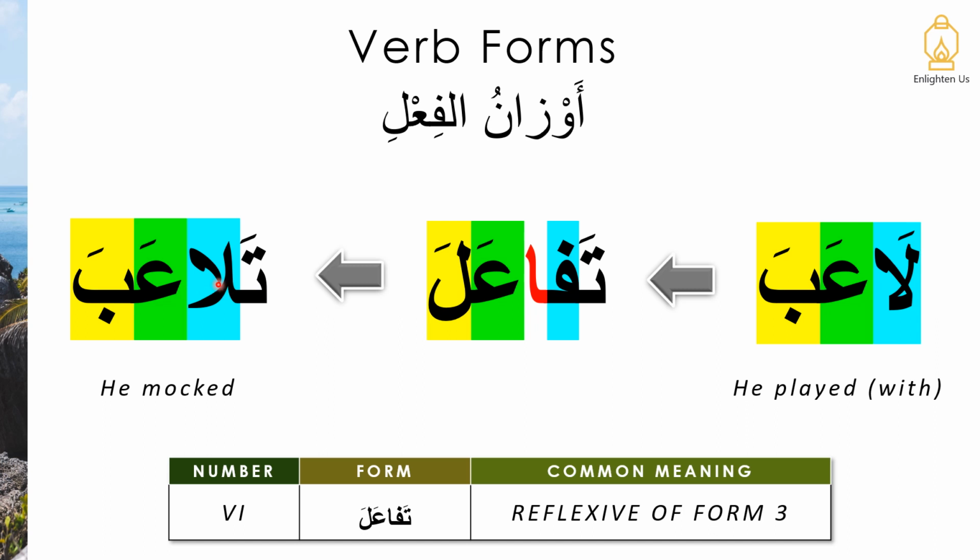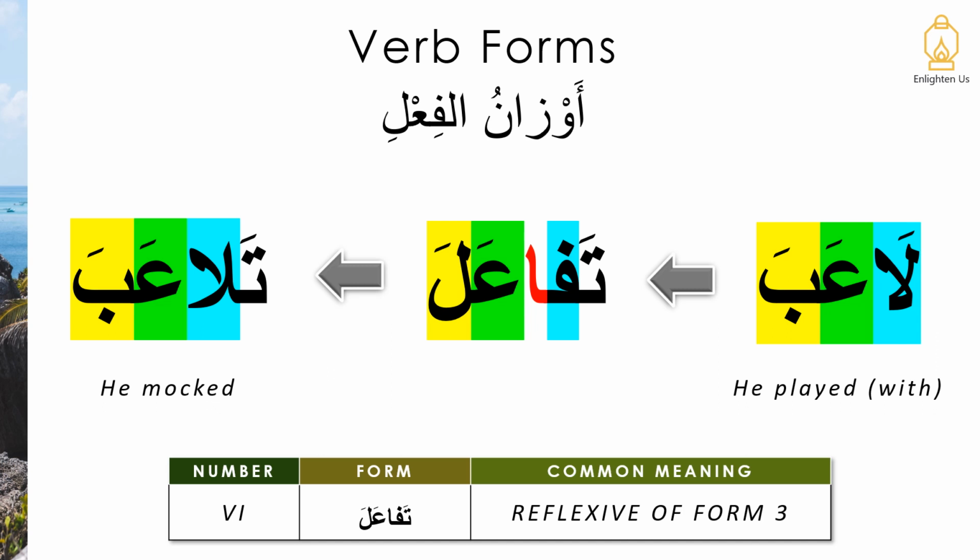We retain the lam and we retain the alif because we have an alif in this particular form, and we retain the ain and the ba with their fatha to end up with tala'aba, which gives us the meaning of he mocked. So it's no longer playfully playing on equal terms. There's more of a duration, if you like. Making fun of is another way of saying that. And that's how you get that meaning, by using this particular form.